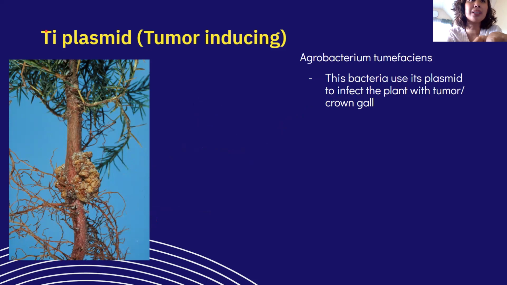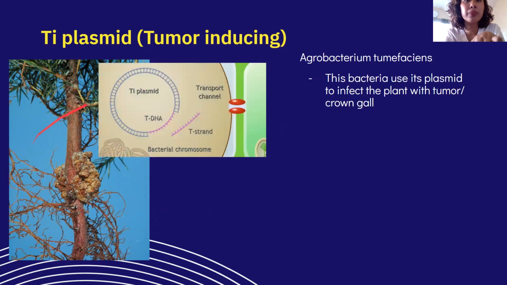That's why Ti plasmid means tumor-inducing. It creates a tumor, a swelling in your plants. It's from Agrobacterium tumefaciens. So this Ti plasmid is in a bacteria, which is Agrobacterium tumefaciens.